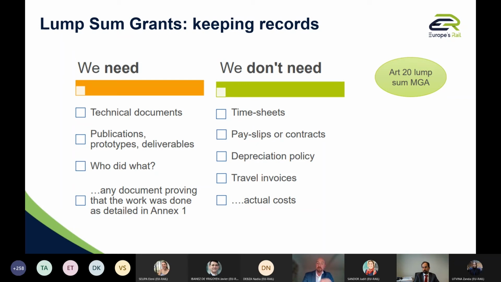So we focus on the technical part and the results. We don't need any more timesheets, pay slips, contracts, depreciation policies, travel invoices, actual costs. So how would the GU assess that? Ex ante, at proposal phase with the support of experts and the evaluation of the GU.